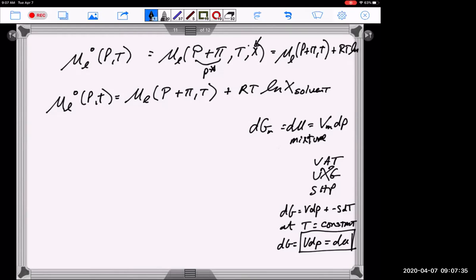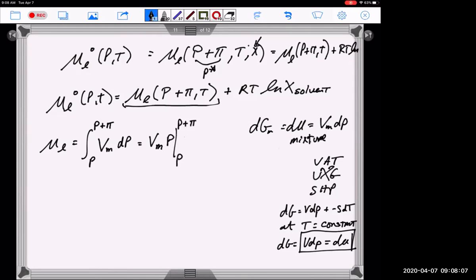And so now we can say this term that we're looking at, mu liquid, is going to be equal to the integral from P to P plus pi, that's the change in pressure, of Vm dP, which we could say is Vm evaluated going from P to P plus pi.